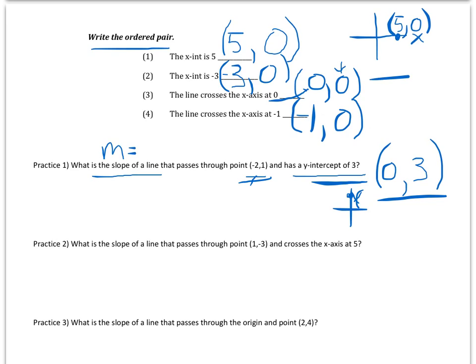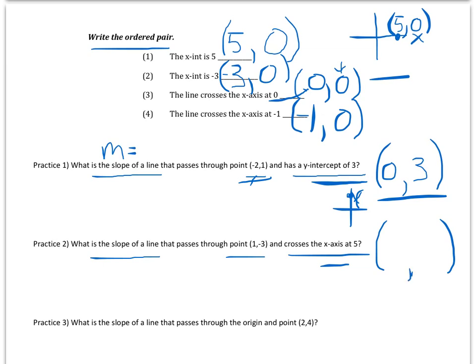Okay, so I'm just going over this quickly because this is the same that we just did on the 2 pages before. Okay, practice 2 says find what is the slope of a line that passes through the point 1, -3, okay, and crosses the x-axis at 5. Well, oh no, freak out, you don't have 2 points.